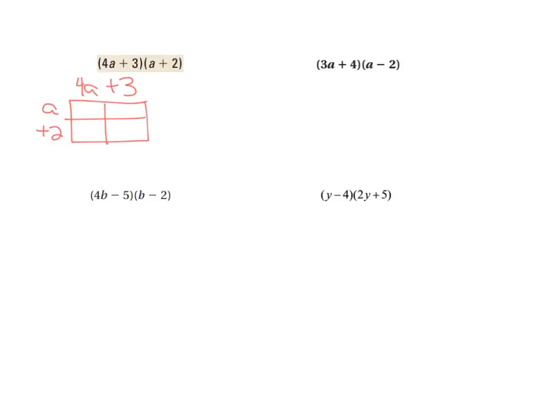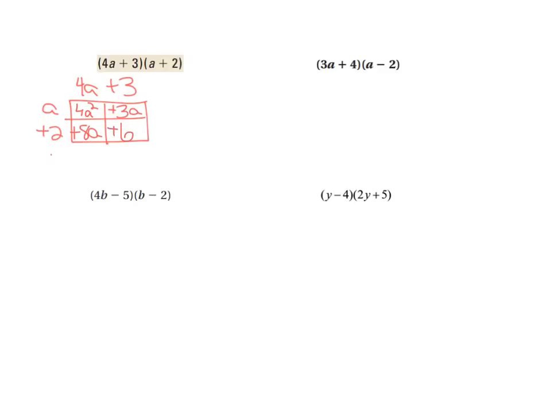So I look at each box. This box is 4a times a, which is 4a squared. This box is 3 times a, so that's plus 3a. This box here is 4a times 2, which is plus 8a. And this last box is 3 times 2, which is 6.